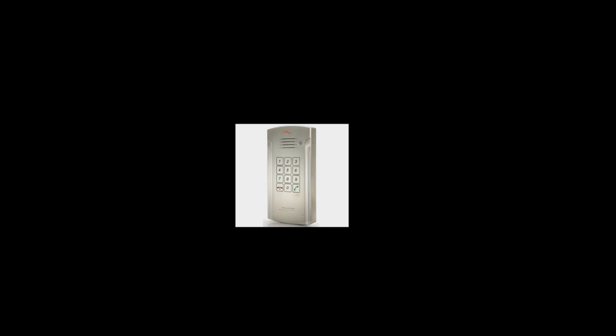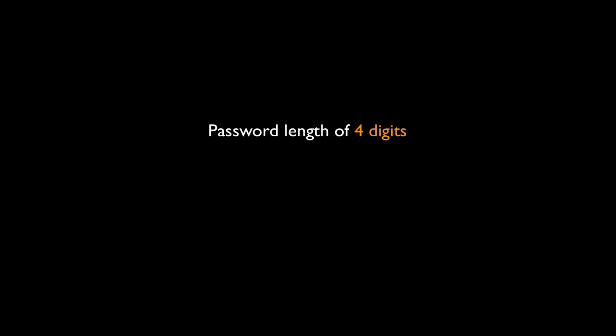Another example is a keylock that has only 10 digits, 0 to 9. We usually use 4 characters as our passwords in a keypad lock. So that is 10 to the power of 4, which is 10,000.